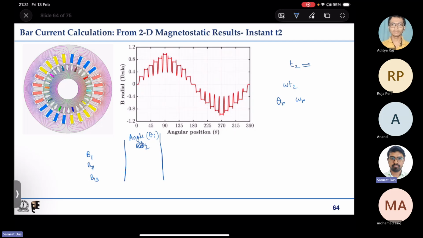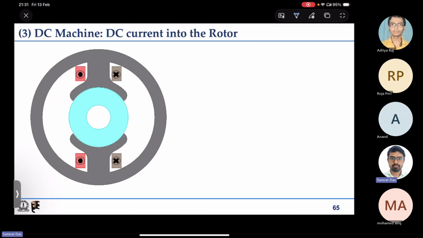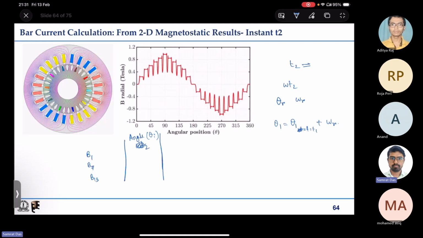So what will be theta 1? Theta 1 will be whatever was theta 1 at omega t equal to 0, or the t equal to t1 instant, plus omega r into the time difference, that is t2 minus t1. So we can calculate the new theta 1 at t2.